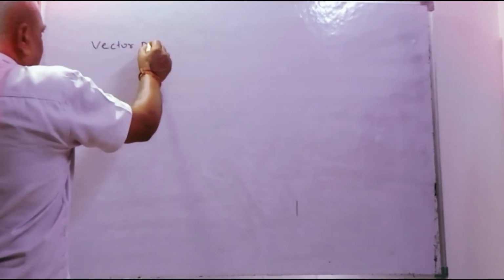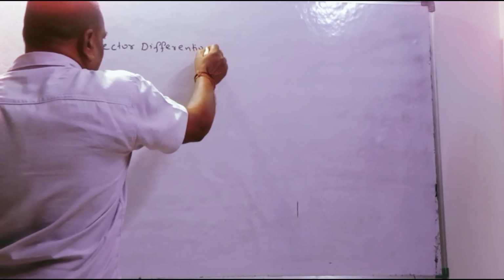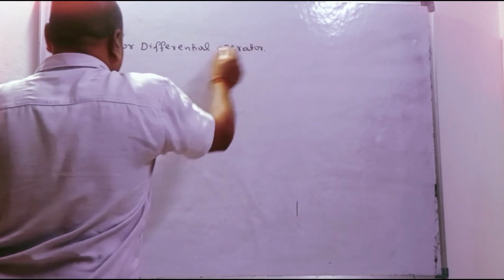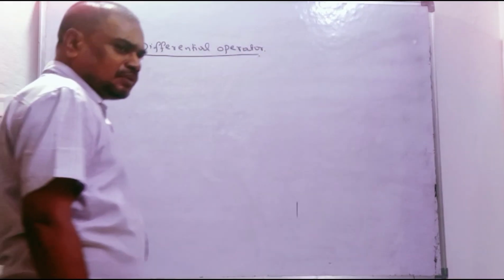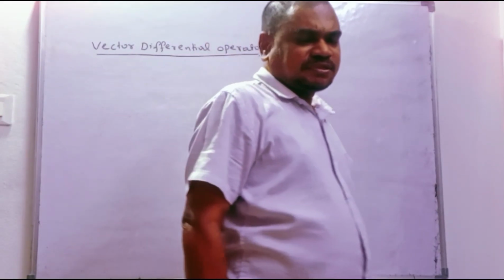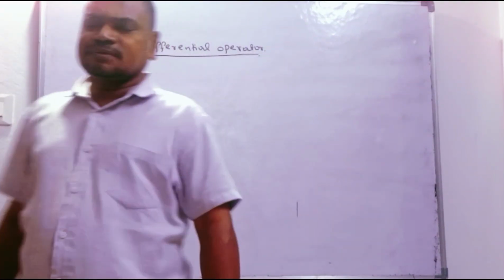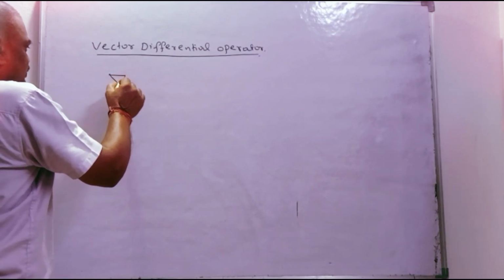Vector point function and scalar point function we define like this. Now, vector differential operator. It is very important in vector differentiation. What is the vector differential operator? The vector differential operator is del.